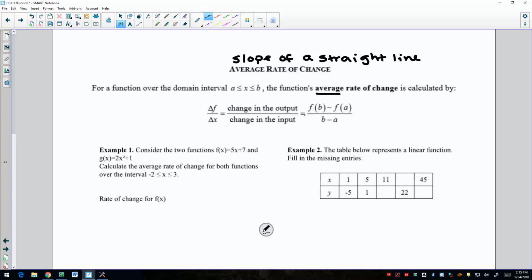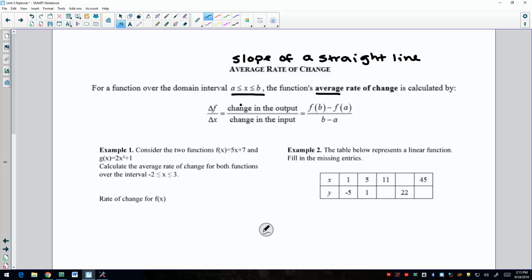So therefore, if it is not a straight line, they will tell you, and even if it is a straight line, they may tell you an interval on which to find the average rate of change. Okay, so with that being said, it is very similar to the slope. In fact, it's the same as the slope formula. You're finding the change in the outputs.